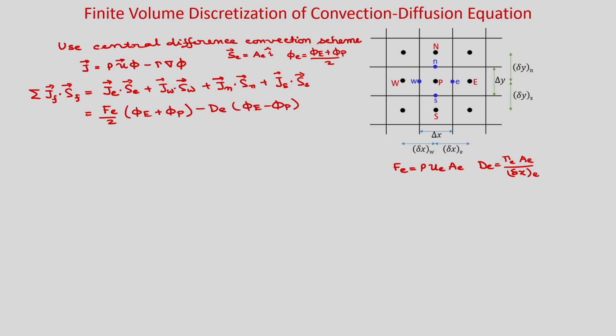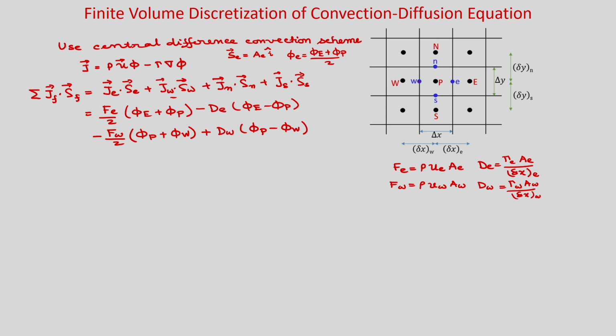So, now similarly you write J_w dot S_w and other terms. So, if you see J_w dot S_w, we will write minus F_w by 2. So, it will be average between this w. If you take the central difference convection scheme, it will be phi_P plus phi_W divided by 2, plus the diffusion term will be D_w (phi_P minus phi_W), okay, where F_w we are defining as rho u_w A_w, okay, and D_w is gamma_w A_w by delta x_w.